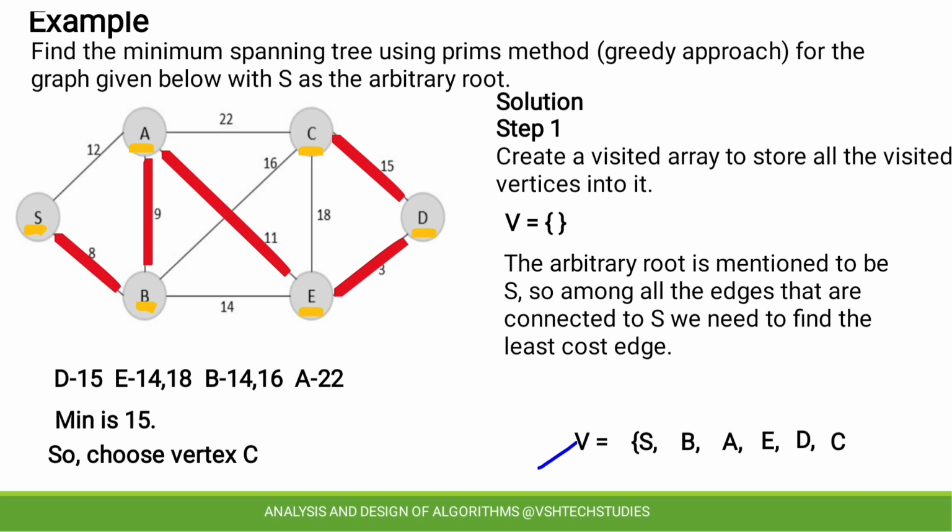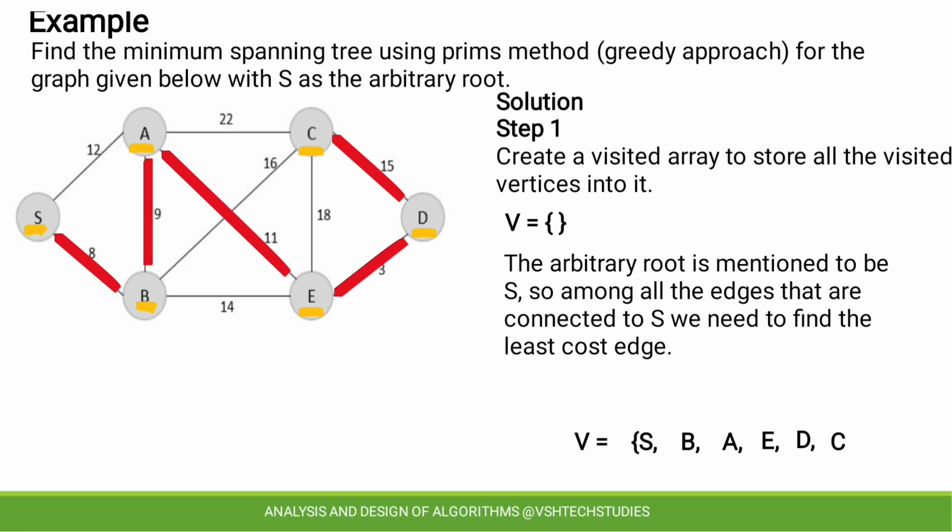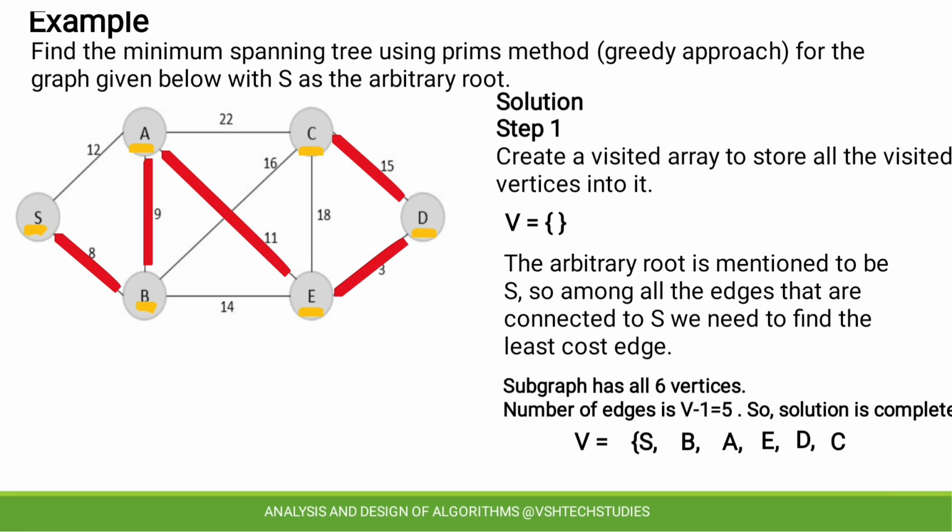The MST list of vertices has S to B, B to A to E, E to D, D to C, which is shown in the subgraph here. In the next step, if you observe, the subgraph has all the 6 vertices. 6 vertices were there in the original graph.